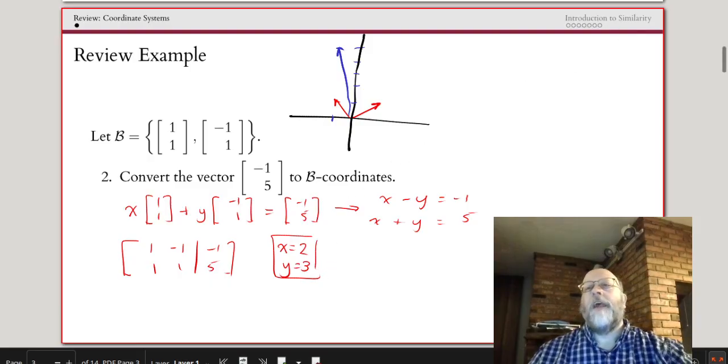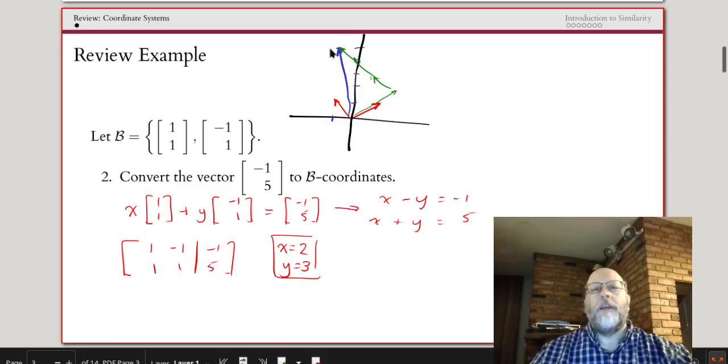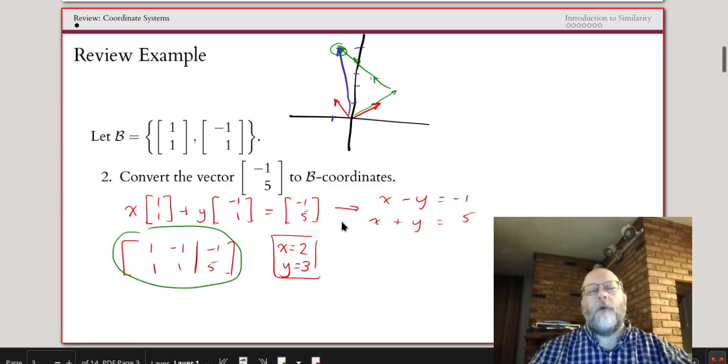And so what that's saying is that if we take 2 copies of this vector and 3 copies of this vector, 1, 2, 3, we end up at negative 1, 5. But this is a row reduction problem.